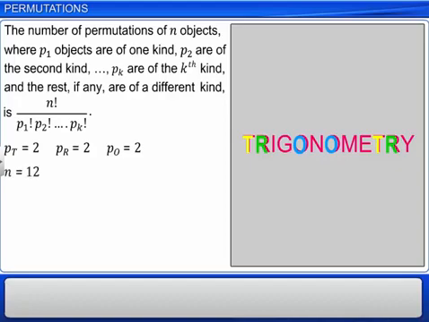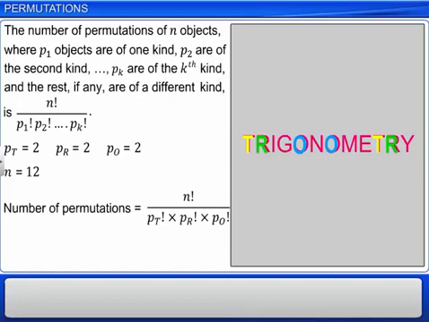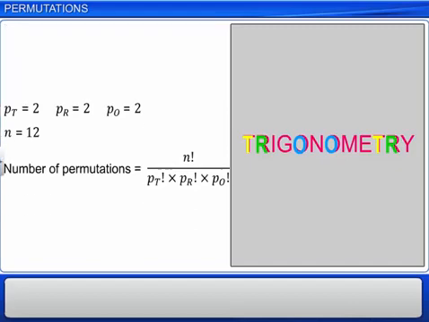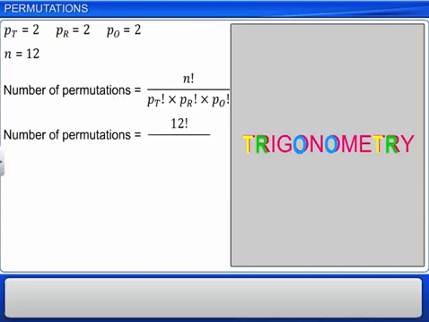This implies n is equal to 12. Therefore, the number of permutations of the letters of the word trigonometry is as shown. Substituting the values, we get the number of permutations as 5,98,75,200. The specific case of the theorem is when some objects in a given set of objects are of the same kind.